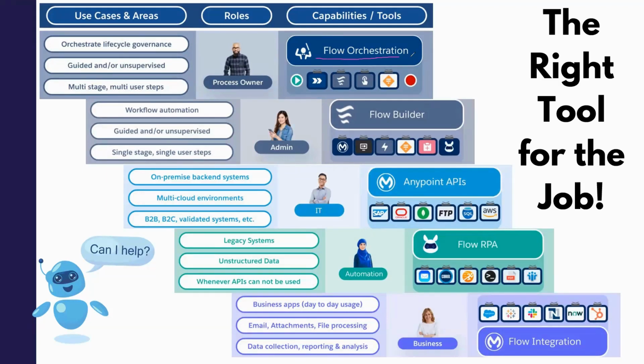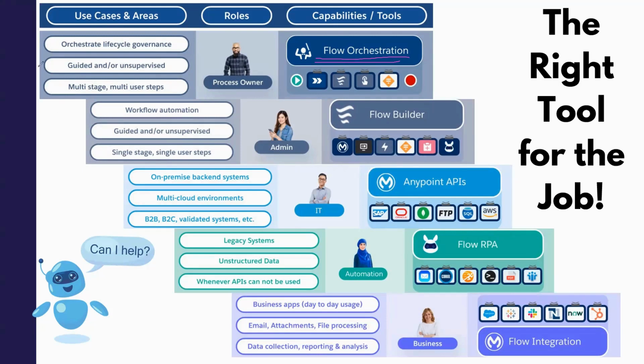Let's talk about flow orchestration. Okay. I think it's actually on one of the trailheads where I picked this up and I split it out. But this is one of the best designs that I've seen that really helps to remember at a high level what to use where.